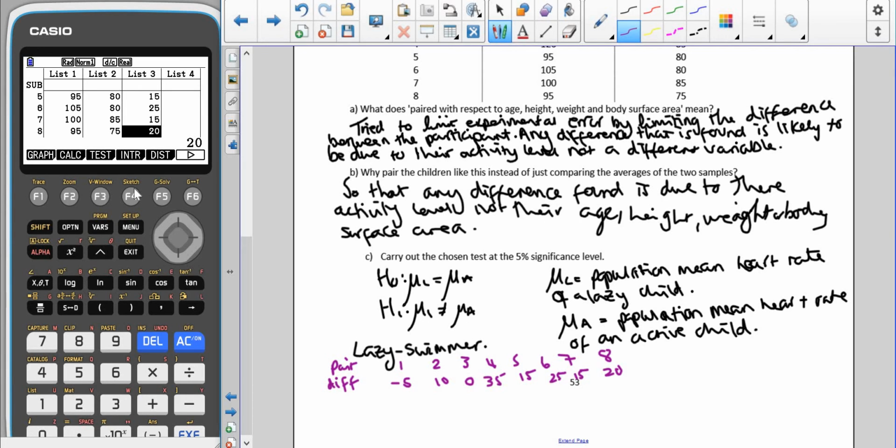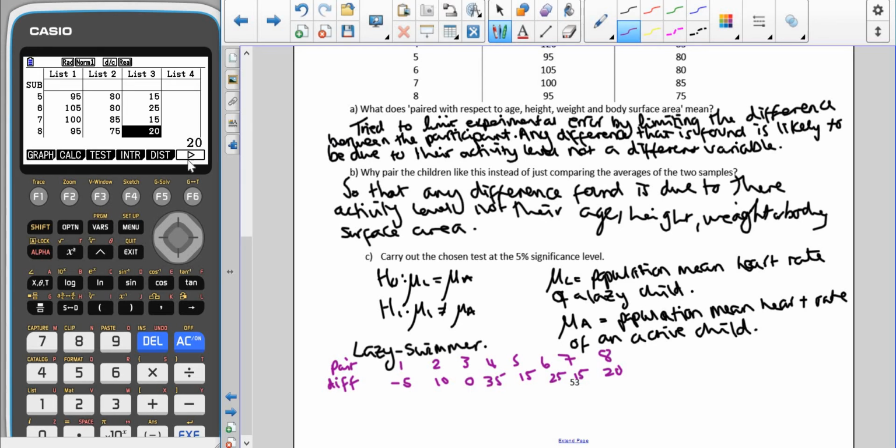Because we already have the values in our calculator, we can direct our calculator to now find the information that we need. Remember that we need to find the mean and the standard deviation of the differences. If you've done it by hand, you are going to have to type them in anyway. But still write them down first because it's showing your method of process.